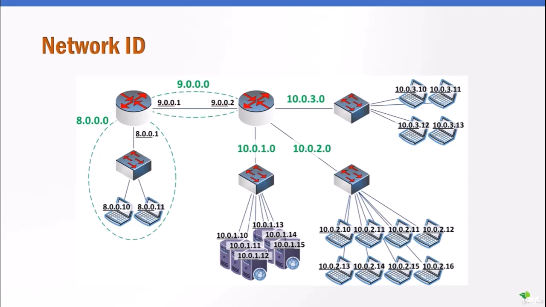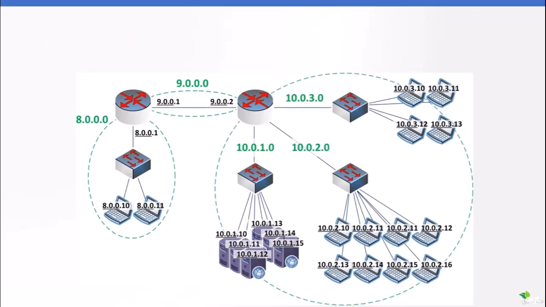The next thing we're going to talk about is what are these network IDs or network IP addresses actually used for. And the example I'm going to give you is going to be related to routing. So we're going to look at how do we build routing tables and what do they actually look like. So we're going to circle this 10.0.something network, and we're going to name our routers R1 and R2.